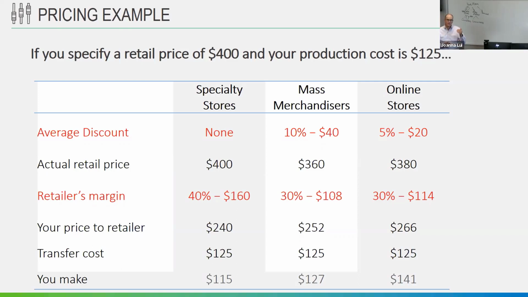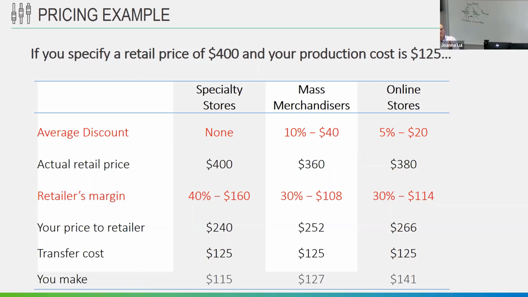That means they put it on the shelf at $400. They take 40% off of the selling price, which is $160, which means your price to the retailer, the money that you get, is $240, not $400. If it costs you $125 to make each one of those, you make $115 gross margin on each one.